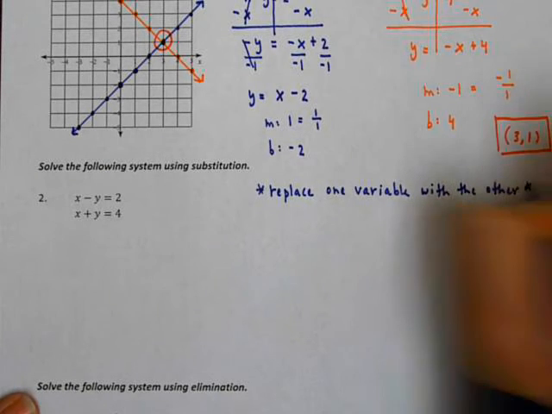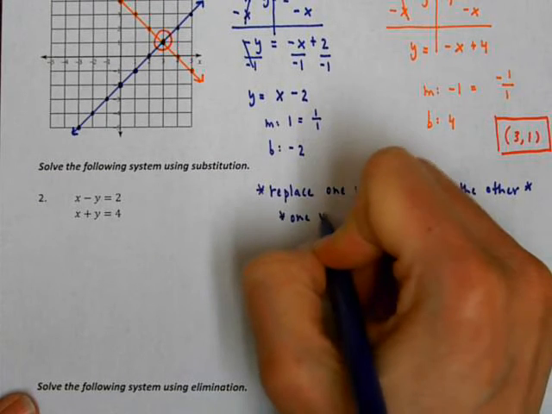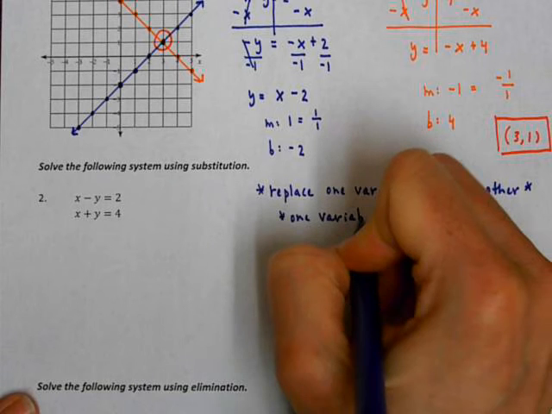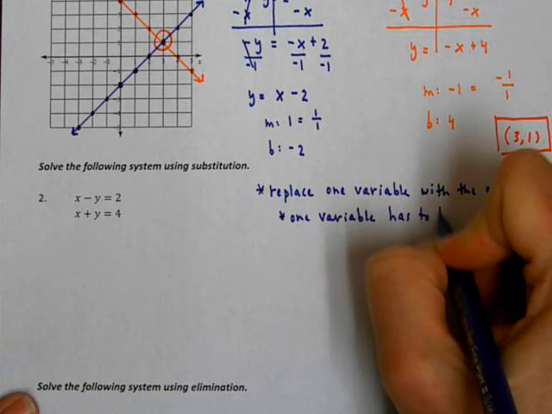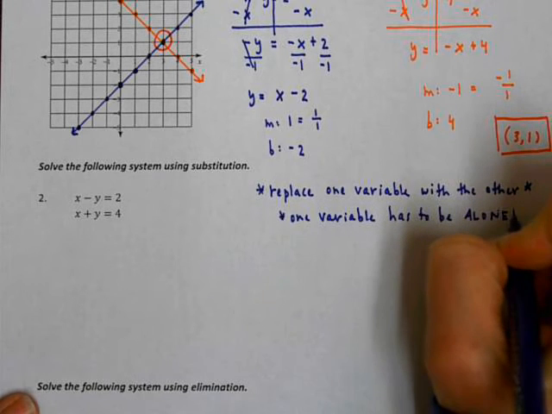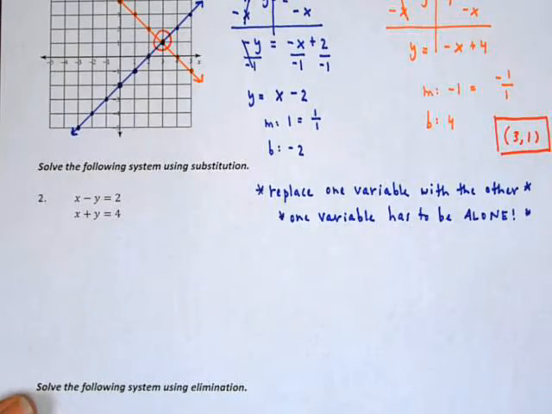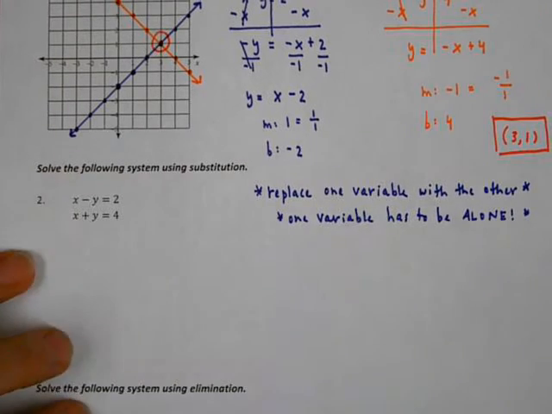And the key here for substitution is that one variable has to be alone. So if I look here, I actually don't have an equation where one of the variables is alone, so I'm going to need to make that happen.